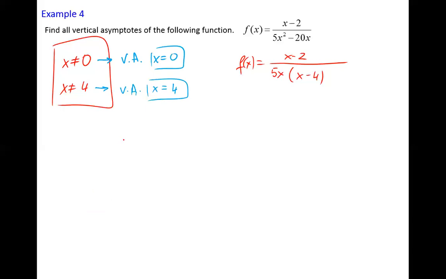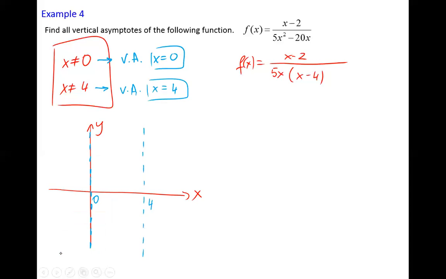And we still need a few things. I can try to draw the function, y and x, just to show the asymptotes. 0 is actually the y axis, and 4 will be here.